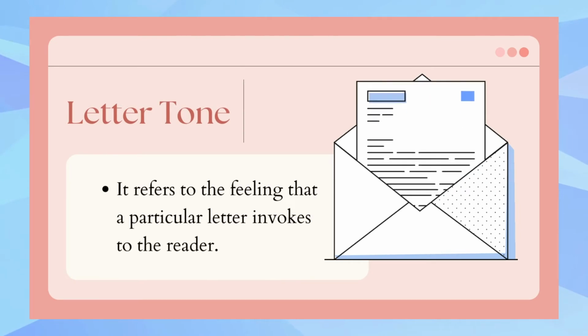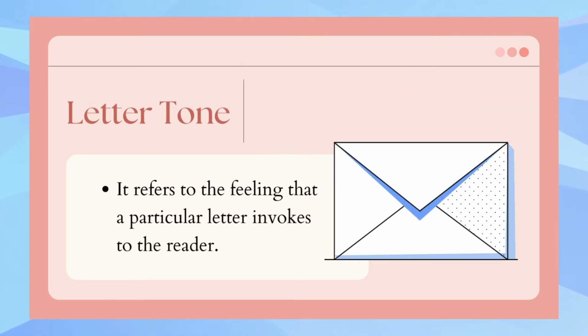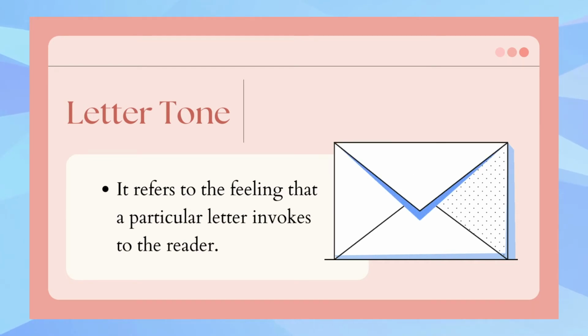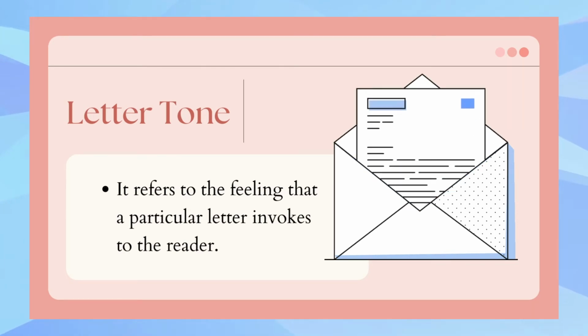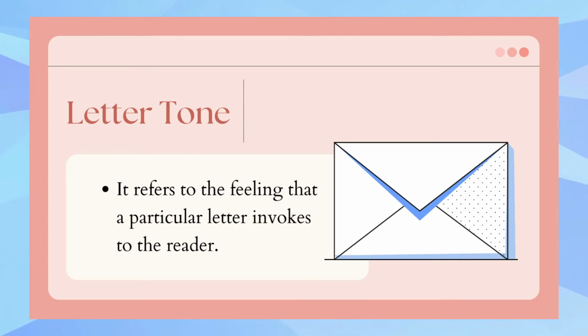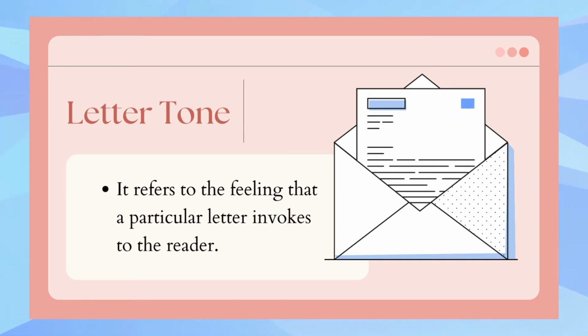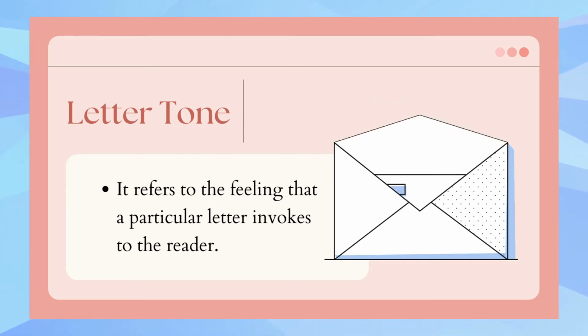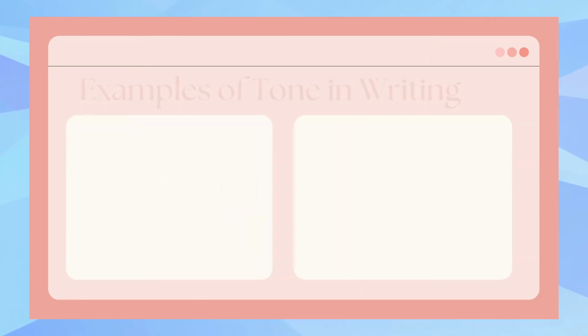Okay, so moving on. In literature, tone refers to how the author expresses their attitude throughout their writing, similar to the tone in writing the letter, which refers to the feeling that a particular letter invokes to a reader.